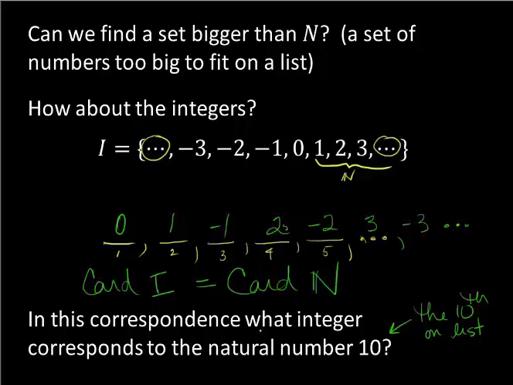This is 5, 6, 7, and then I'll have 4, minus 4, and 5, minus 5. Let's see, this was the 5th, 6th, 7th, 8th, 9th, 10th. There we are, 5. The integer 5 is the 10th on the list, so in this particular one-to-one correspondence, the natural number 10 corresponds to the integer 5.